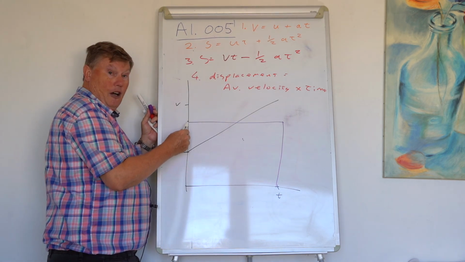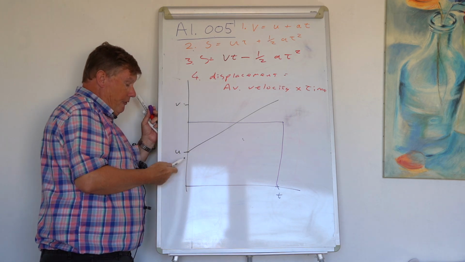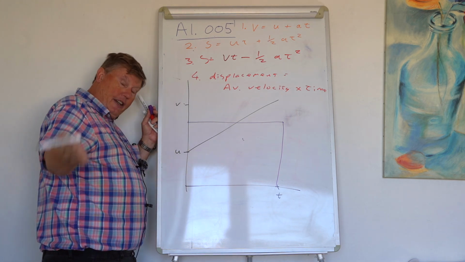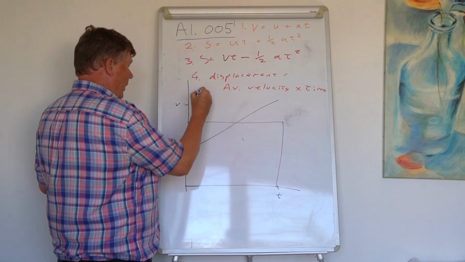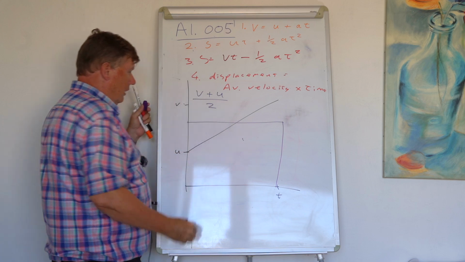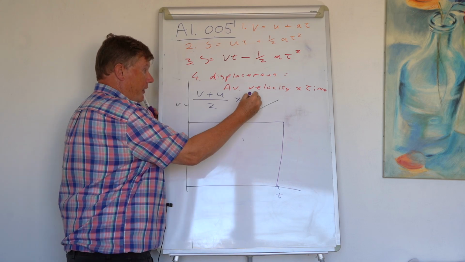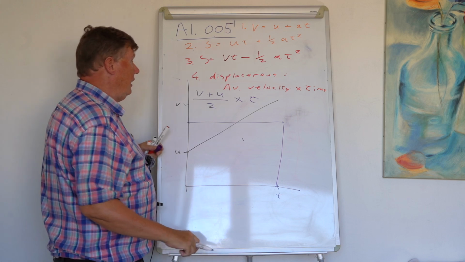Because I've just found the halfway mark, and I've got the average. The average velocity will be the average. How do you work out an average, everybody? You add things together and divide by 2, don't you? You go v plus u and divide by 2, and that gives you the average velocity, and then you multiply that by time. And that is number 4.